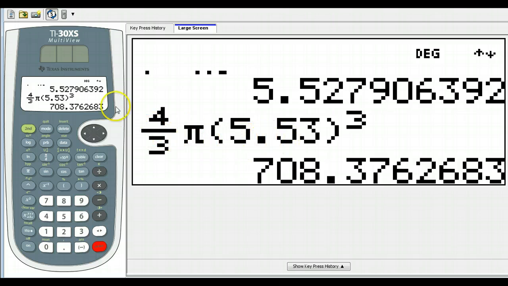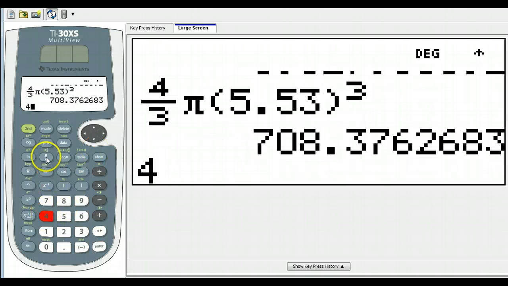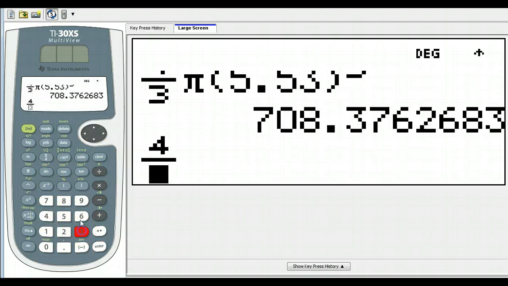So let me go back. Remember how I was typing this in? I was going to do 4/3 and pi. Now, it's time to have the radius cubed, right?